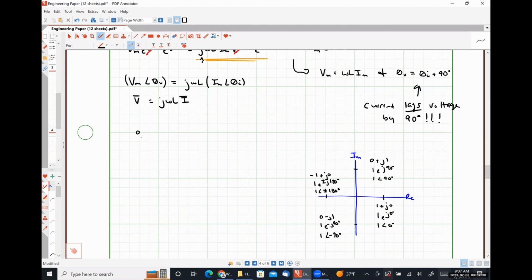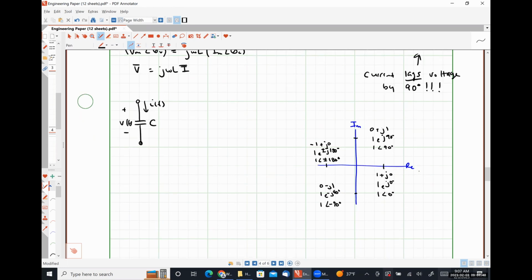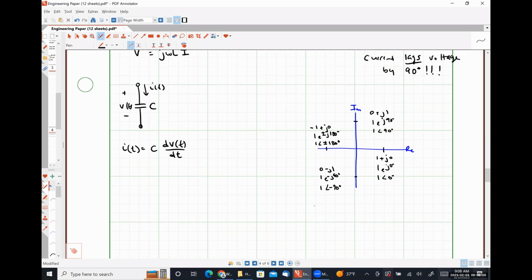So for a capacitor, here's our voltage, here's our current. I'm not going to write down the voltage and current again because it's just using the exact same sinusoidal thing that we've been doing. We know that the current through the capacitor is equal to C times the derivative of the voltage, right?